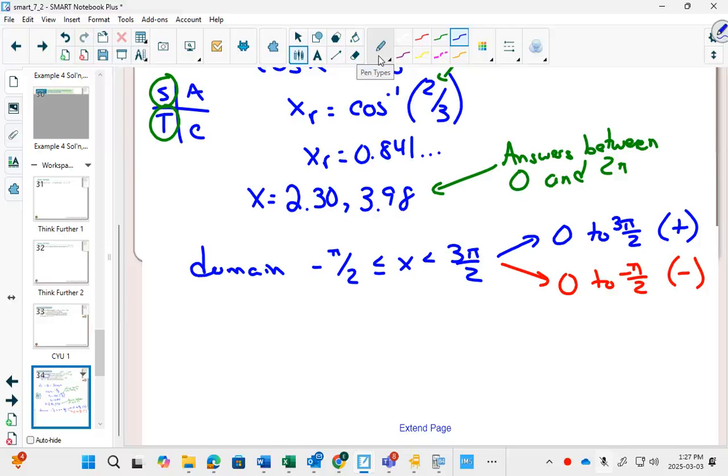But when we think about our pi plate, we always start at 0. So it's kind of hard to think starting at negative pi over 2 and going to 3 pi over 2. But what this means is, if I show this on my unit circle, I'm looking for answers in the positive direction here, and I'm looking for answers in the negative direction there.